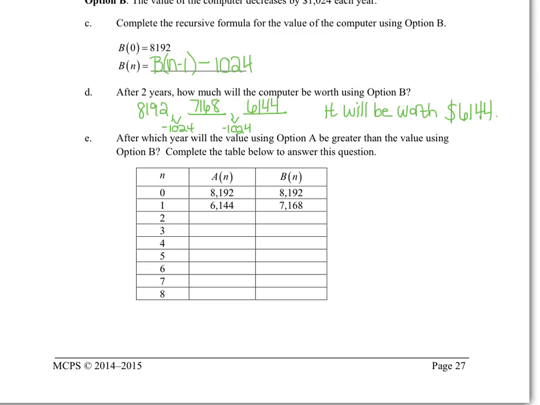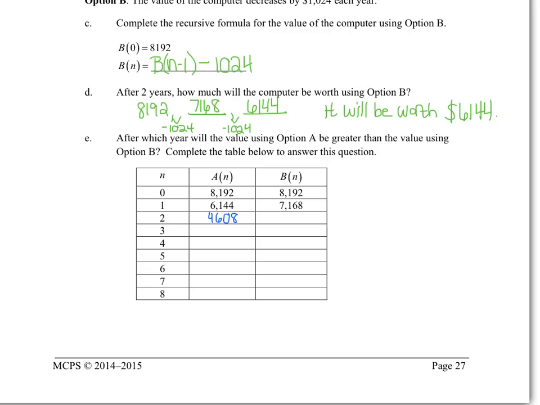For the last part, after which year will the value using option A be greater than the value using option B? Complete the table below. So A of n, so this column right here, is where we're going to be multiplying by 0.75 each time. So 8,192 times 0.75 is 6,144. 6,144 times 0.75 is 4,608.